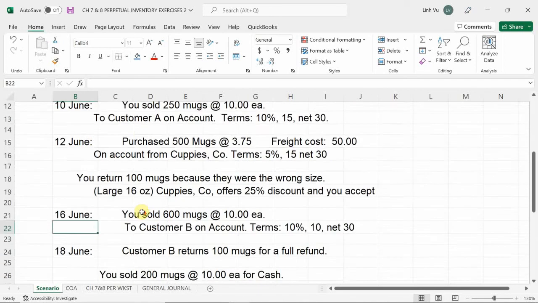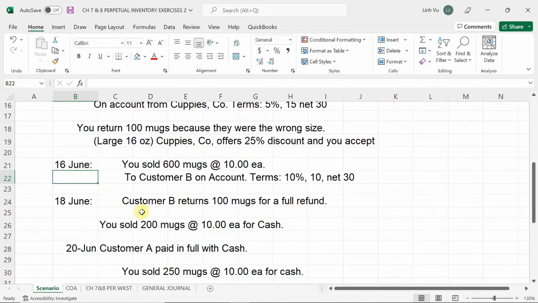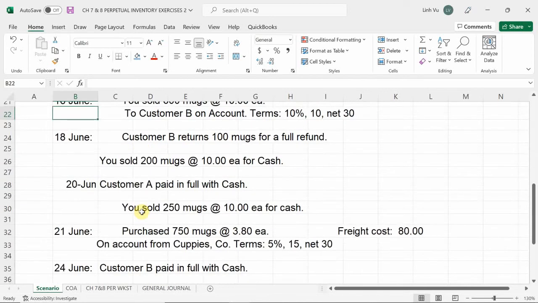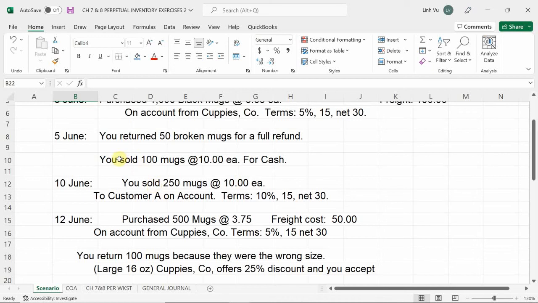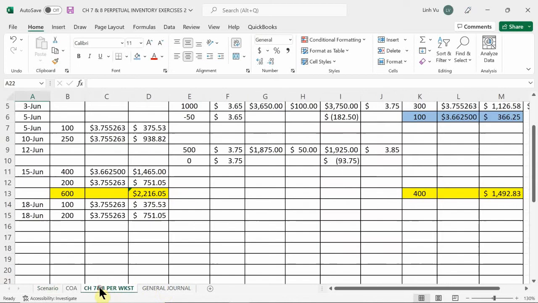So if customer A is deciding to pay on the 20th of June, did customer A make the discount due date? Yes. So therefore, we have to adjust the accounts receivable for customer A because customer A is going to be receiving a 10% discount. So let's take a look at my chart of accounts.